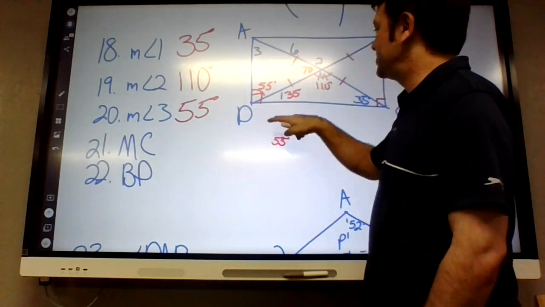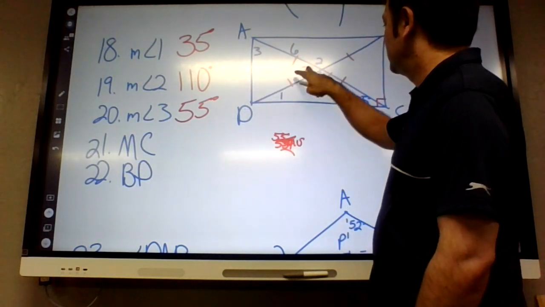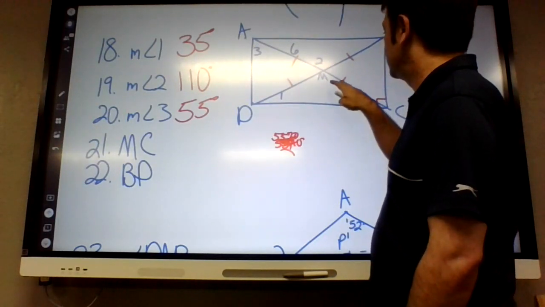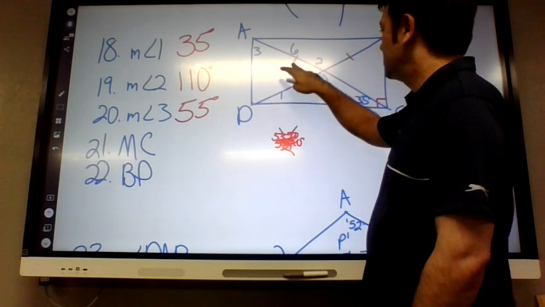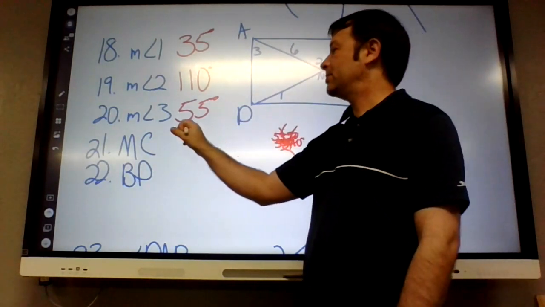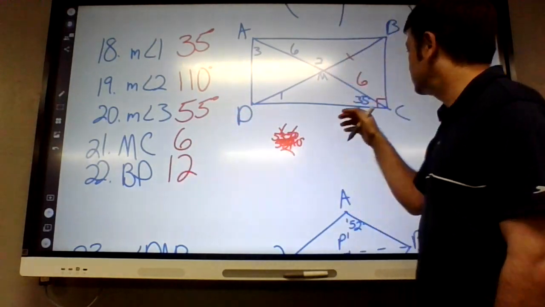How long is MC? Yeah, there's a 6 right there, so this is 6, and the DB is what? 12.